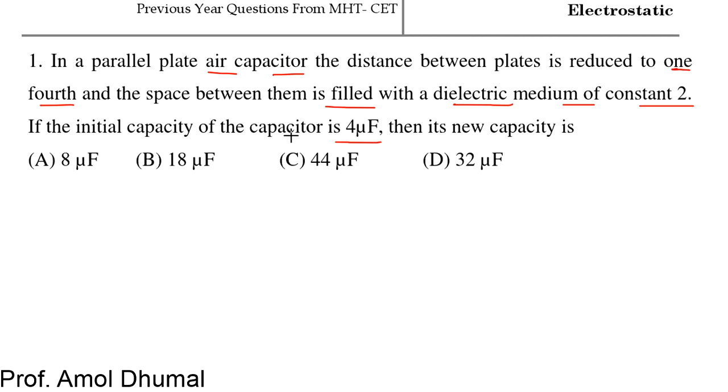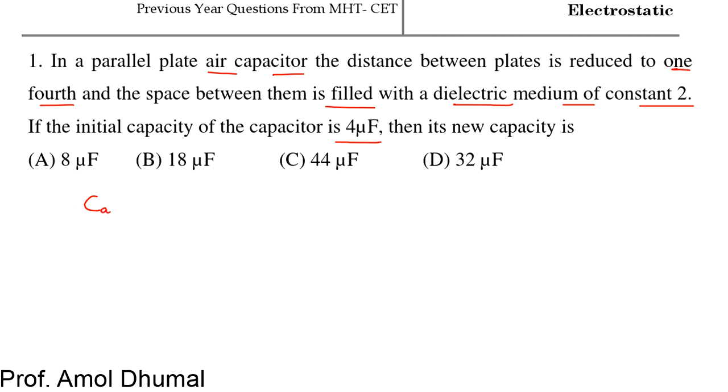So we have to find the new capacity of a capacitor whose initial capacity was 4 microfarad, and whose distance is reduced to 1/4 and the space filled with a dielectric medium of constant 2. So let us see the solution.